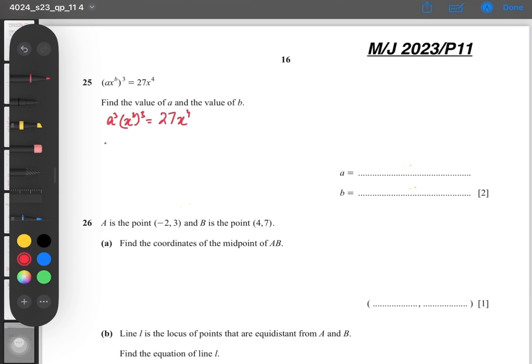So I will simplify the power of x. x raised 3b equals to 27 x raised 4. Now I'm going to equate a cube with 27 and x raised 3b equals to x raised 4. So a cube is equal to 27. I can take cube root. So I'm going to take cube root.